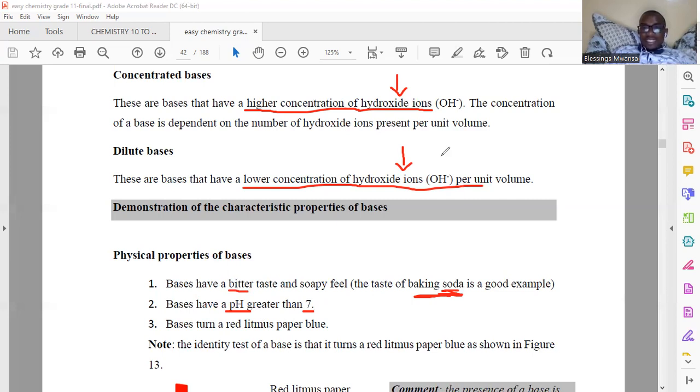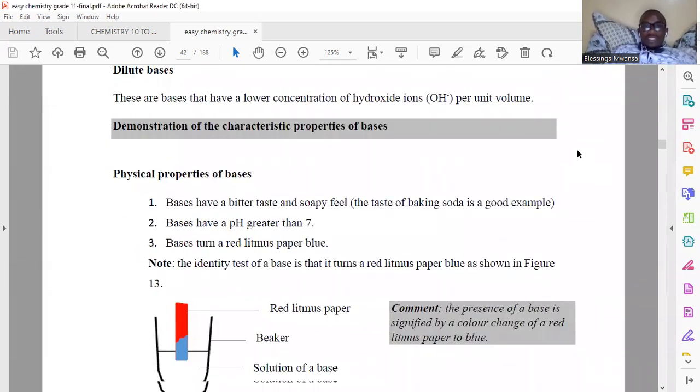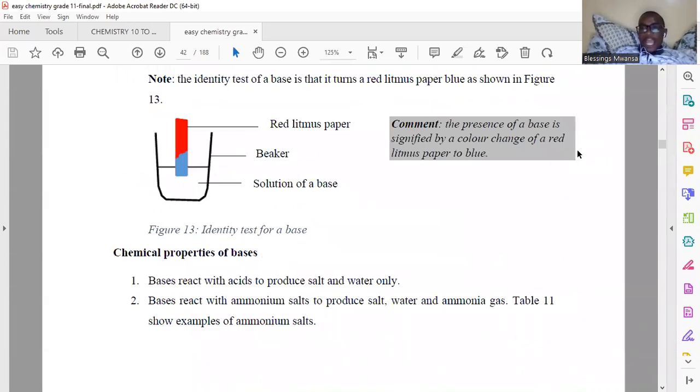In terms of an identity test, if you walk into the lab and you find two colorless solutions and you're not certain of their nature, and yet you are required to identify which one is an acid or which one is a base, to identify a base I'm going to use a red litmus paper and dip it in the solution.